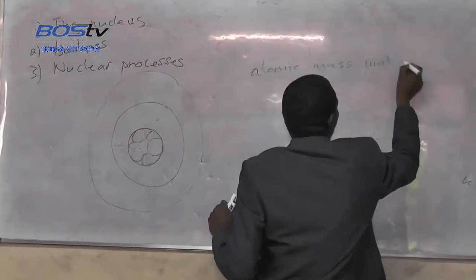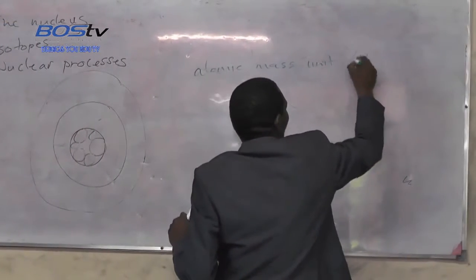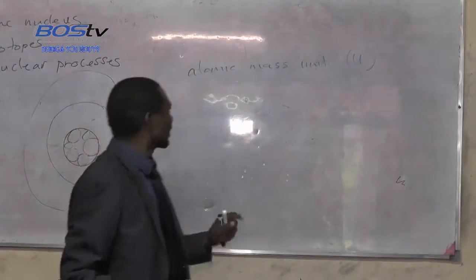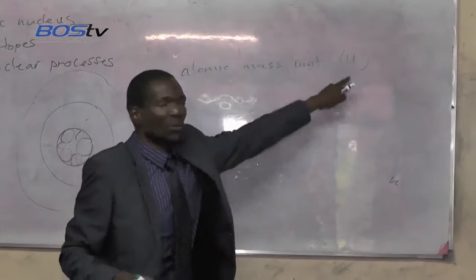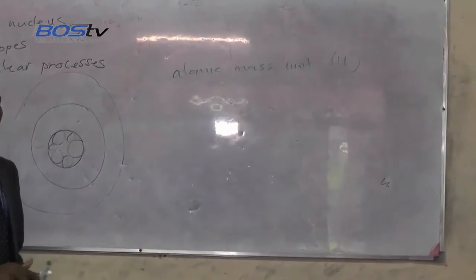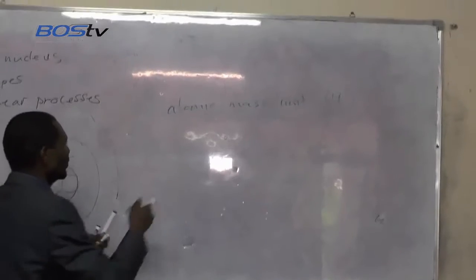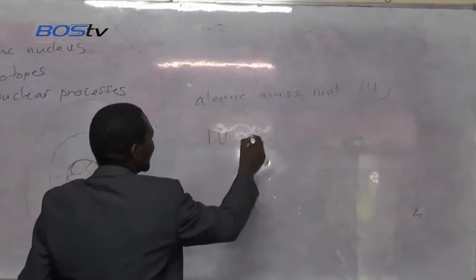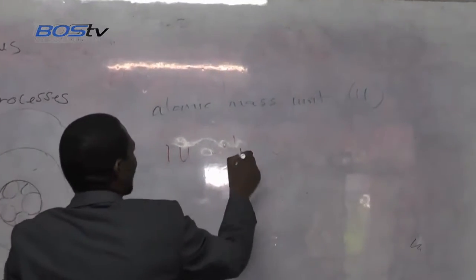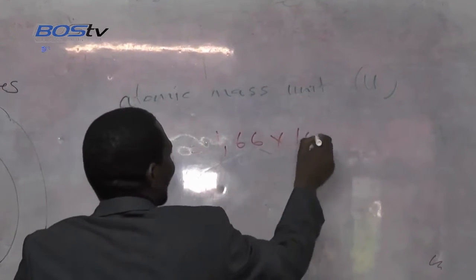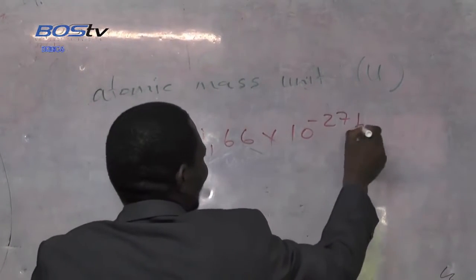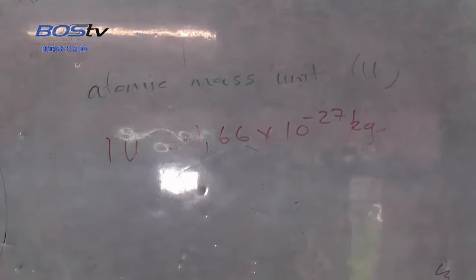The symbol for atomic mass unit is u. Some call it the amu. It has the value 1 u equal to 1.66 times 10 to the power minus 27 kg. I think you can acknowledge that this is a very small mass.